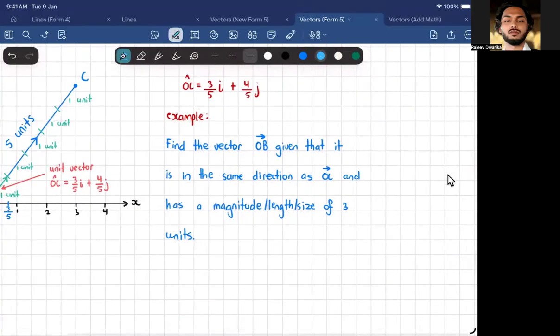So if I want to find O to B, it's just going to be 3 times the unit vector, right? Yes, sir. So 3 over 5 i plus 4 over 5 j.